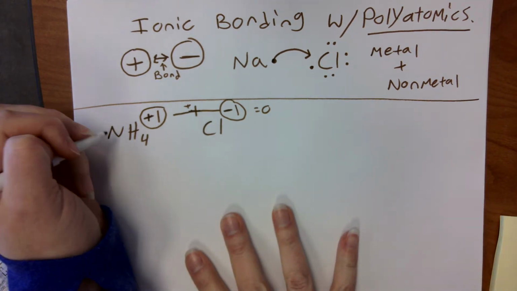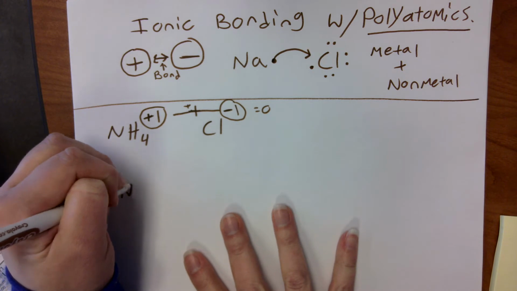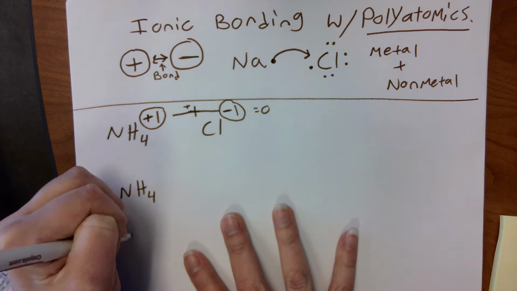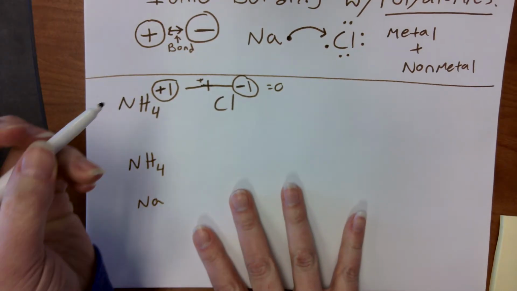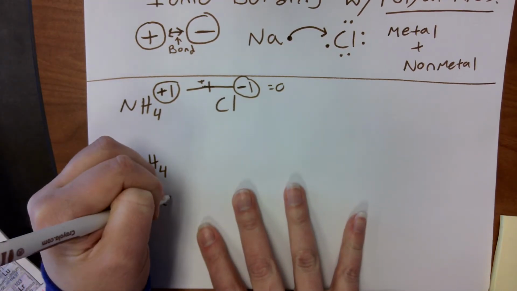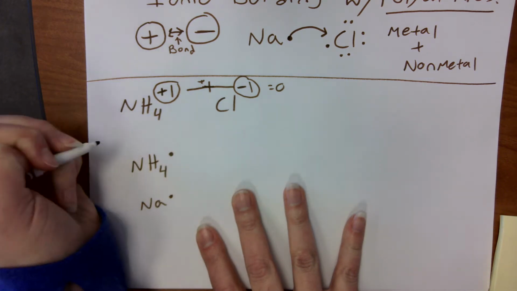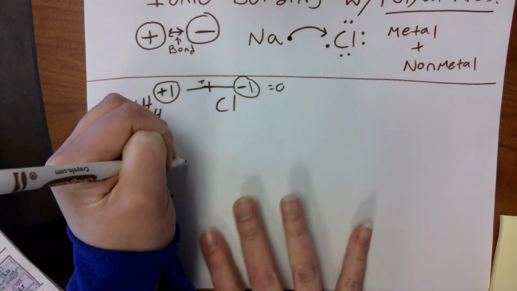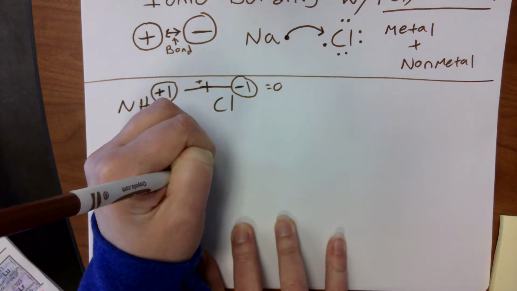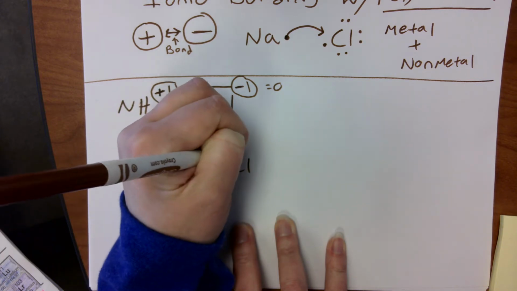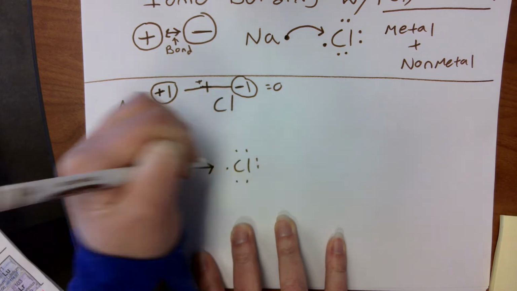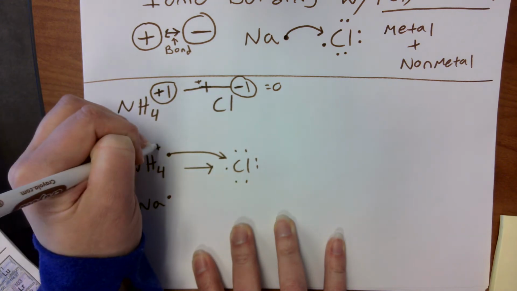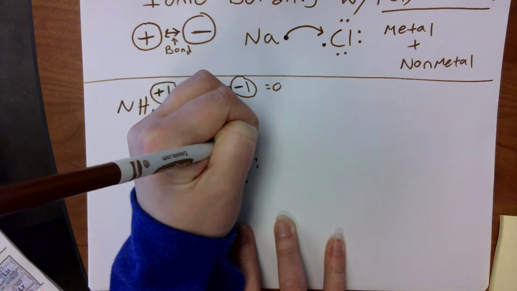NH4 is similar to sodium in that it wants to get rid of one lone electron to become happy. So when it bonds with chlorine, which has 7 valence electrons, it gives up 1 to chlorine to become a +1, and chlorine becomes a -1.